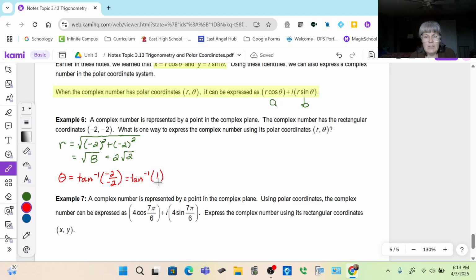Now tangent is positive in the first quadrant and in the third quadrant. So we need to decide which measure do we want. And in the third quadrant is where we would find the point -2, -2. So I don't want to use pi over 4, which has a tangent value of 1, but what I actually want to use is 5 pi over 4.